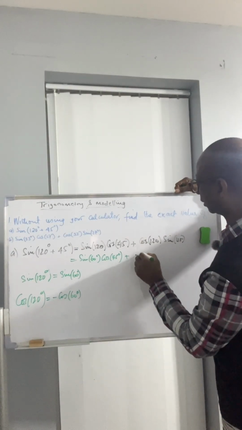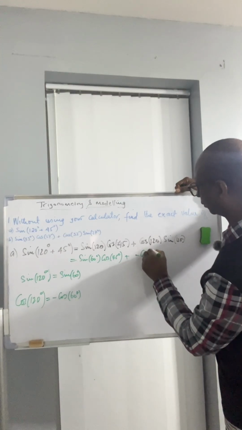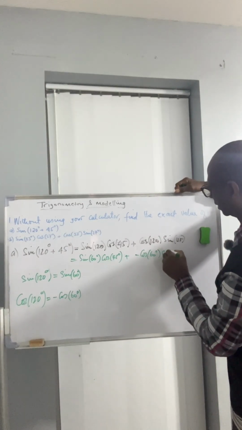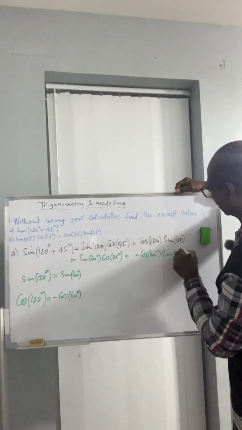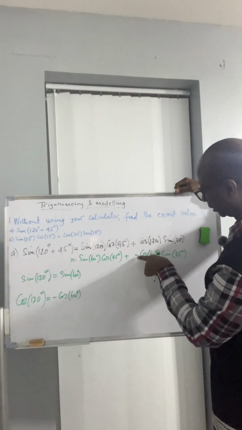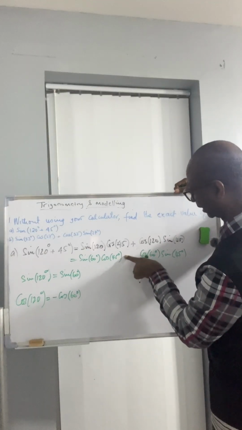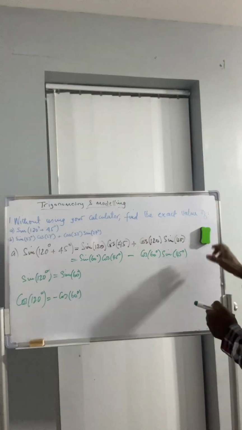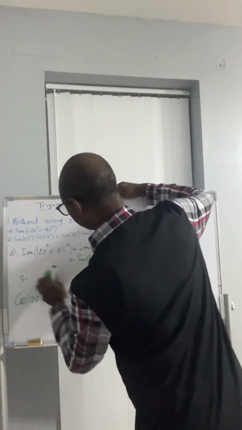So we still have our cosine of 60 degrees and sine of 45 degrees. So minus plus minus, the minus takes precedence, yeah? So this now becomes minus here. That's what we need.